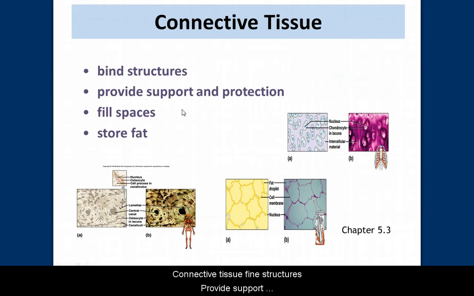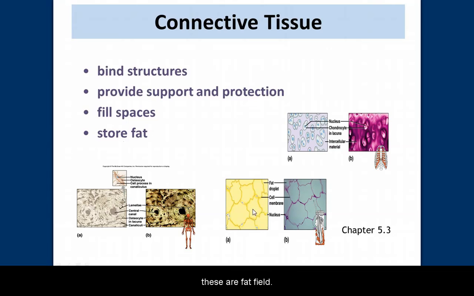Connective tissue binds structures, provides support and protection, fills spaces, stores fat. Some examples are loose connective tissues and fat or adipose tissue is a type of loose connective tissue. You have dense connective tissue that form ligaments, provide support and protection, fills spaces, stores fat, like this adipose tissue.